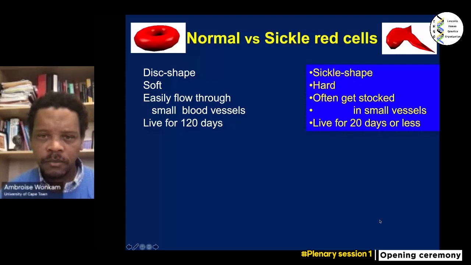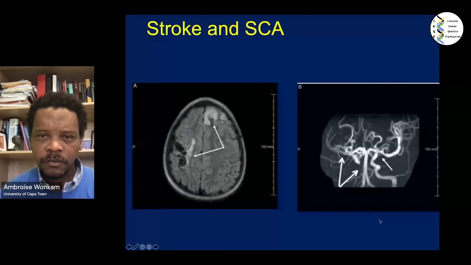This is an example of an image of stroke in a real patient with sickle cell disease. In sickle cell disease, we can observe both hemorrhagic stroke, on the left-hand side, and ischemic stroke, described on the right-hand side of your screen.